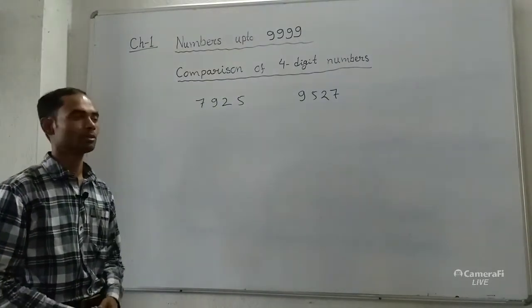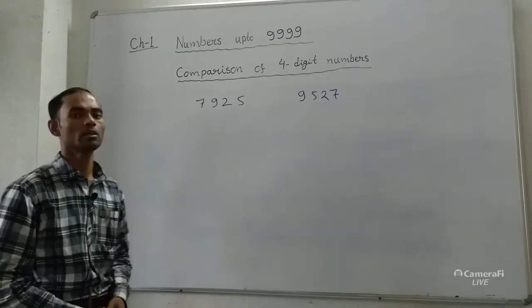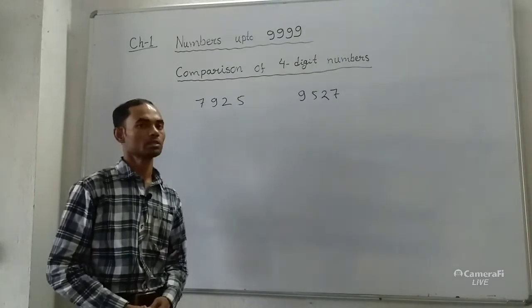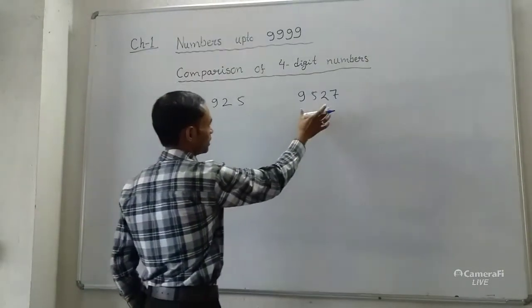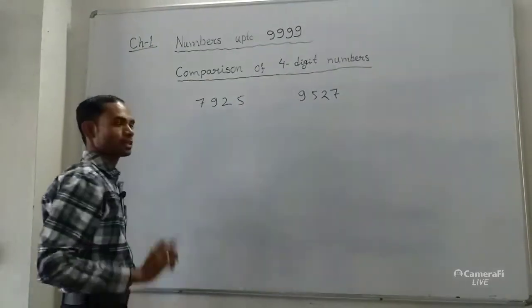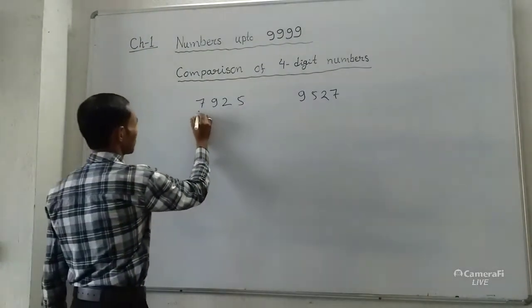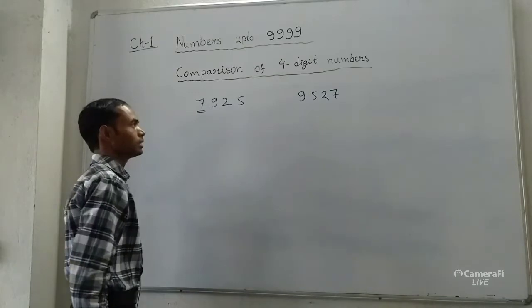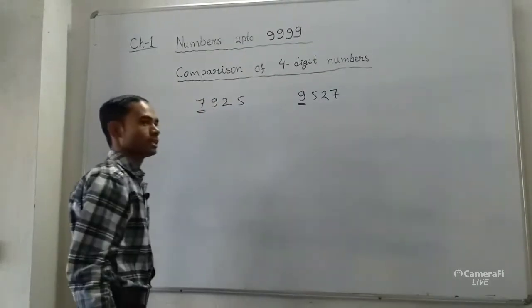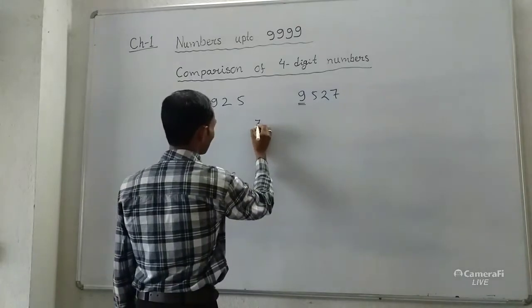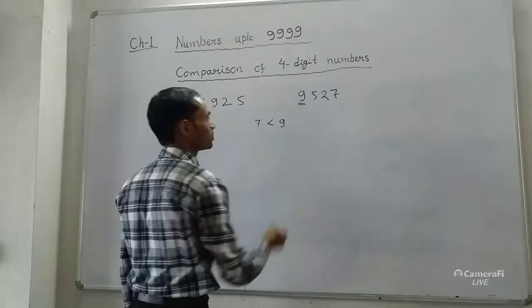Now we have to say which one is larger and which one is smaller. As they have the same number of digits, we will first check the leftmost digit, which is 7 in the first number, and in the second number it is 9. We know that 7 is less than 9.